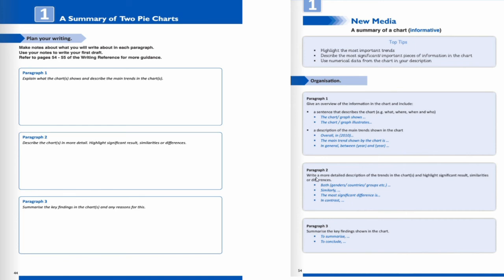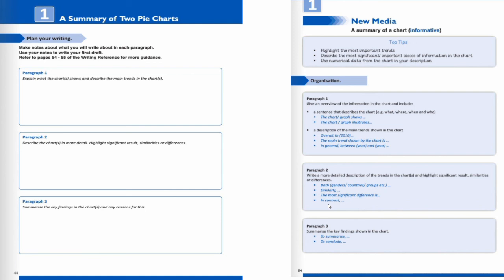Paragraph number 2. Write a more detailed description of the trends in the charts and highlight significant results, similarities, or differences. So you can use both genders, countries, groups, etc. Similarly, that is the similarity. The most significant difference is, you should highlight the most significant difference in this sentence.